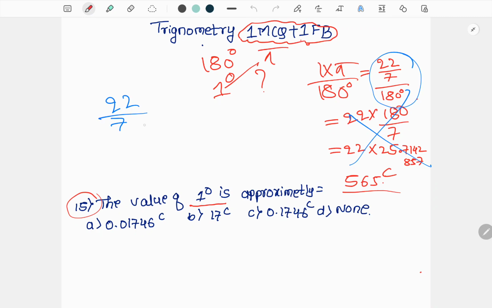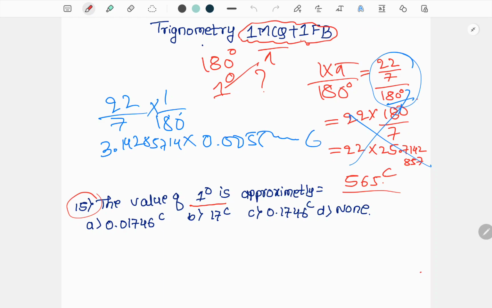22 by 7. Here nothing is there, means 180 by 1 is there, that is 1 by 180. So now you will get the correct answer. This value is 3.14285714 into 1 by 180, that is 0.0055556, it will continue.